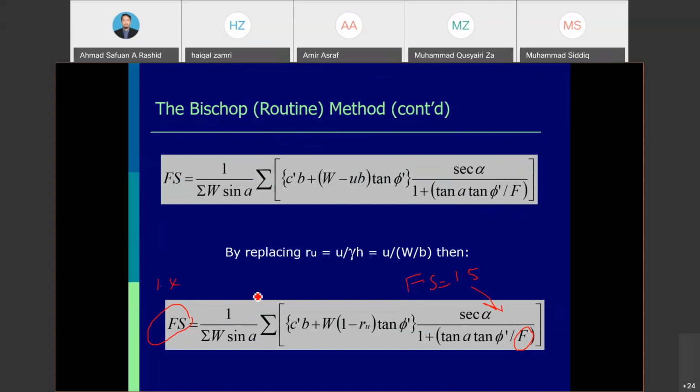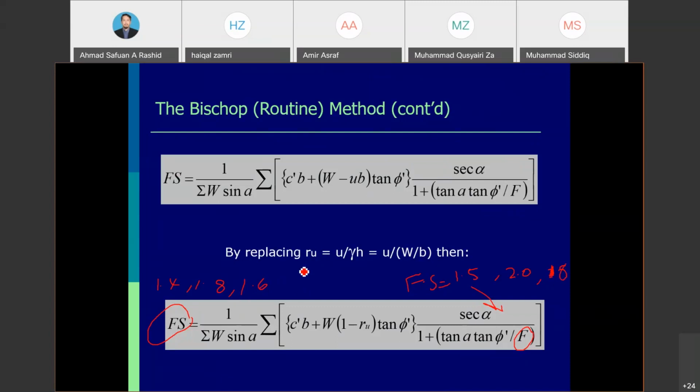Then repeat again. For example, 2.0, then we get 1.8. Repeat lagi, we reduce that 1.8, then we get 1.6. Okay, stop. Janganlah buat sampai banyak.